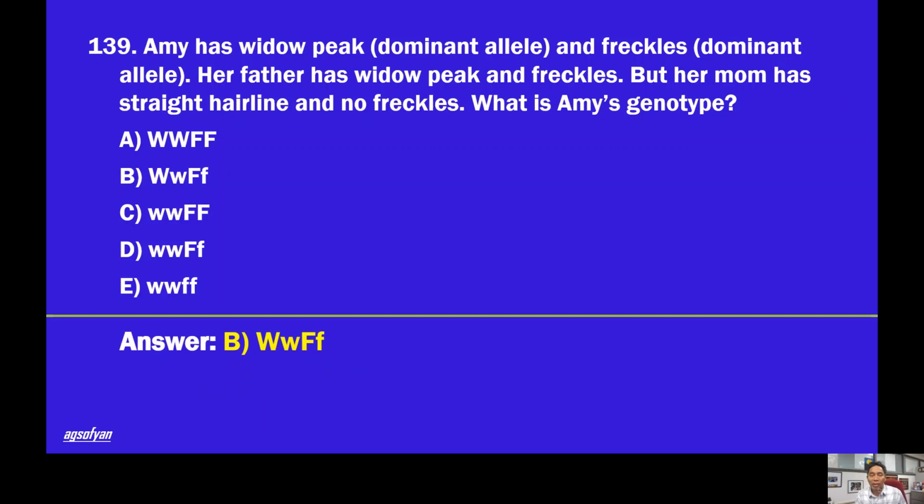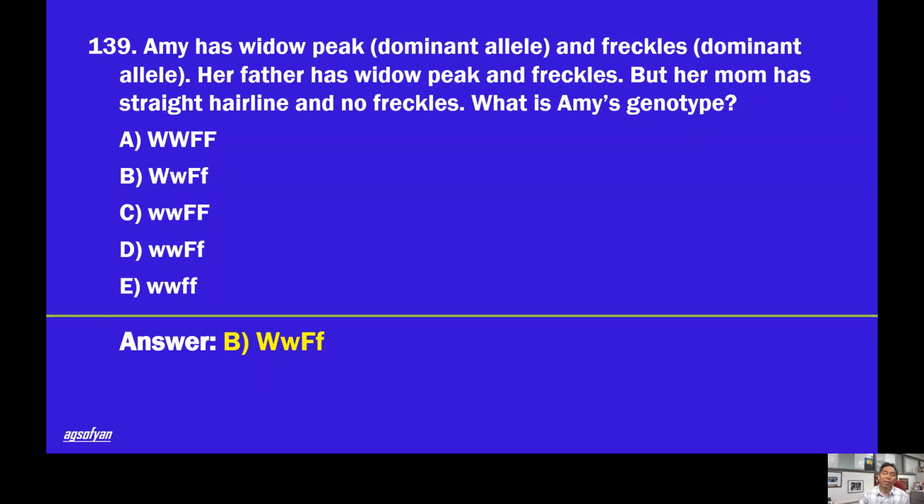Because the mother has a straight hairline and no freckles, it means she carries all lowercase. Amy will get the dominant alleles, the uppercase letters, from the father.